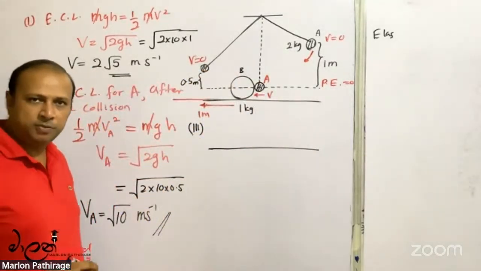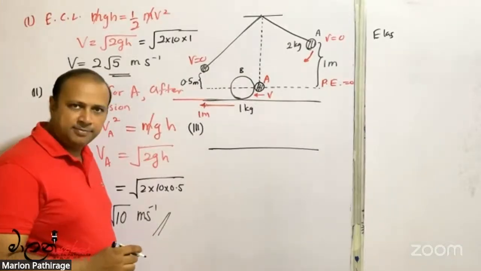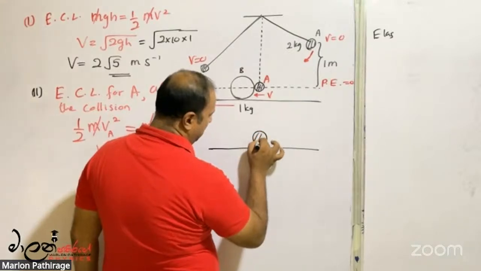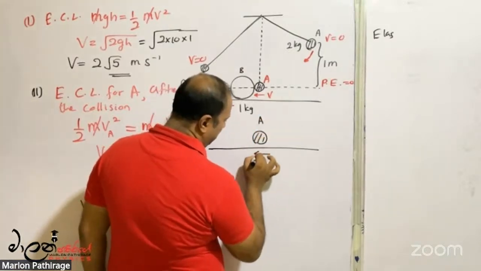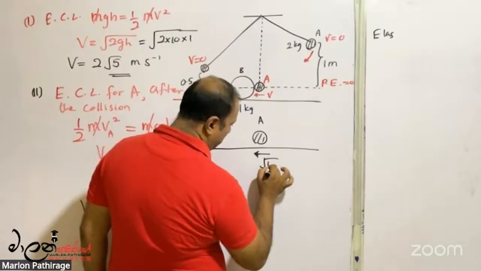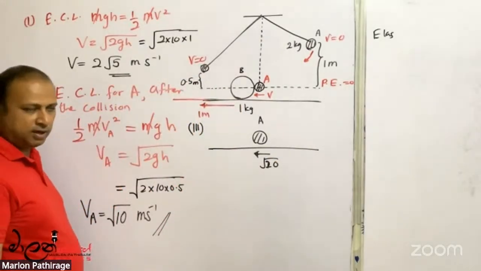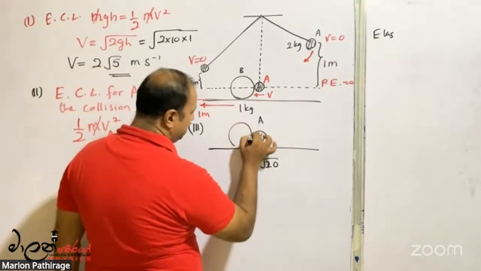If you got that, please raise your hand. Initially object A moves with square root 20 m/s, and this was at rest.